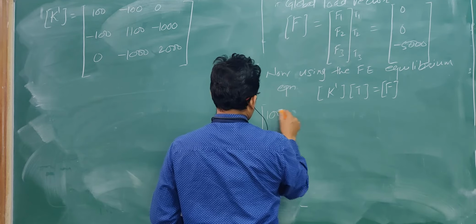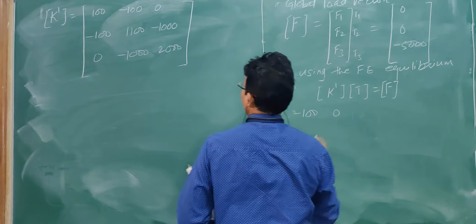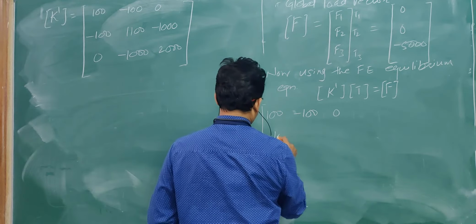It is 100, minus 100, 0, then minus 100, 1100, minus 1000, then 0, minus 1000, 2000, and the temperatures T1, T2, T3 are equal to F1, F2, F3, which is 0, 0, minus 5000. So now I need to solve these equations.